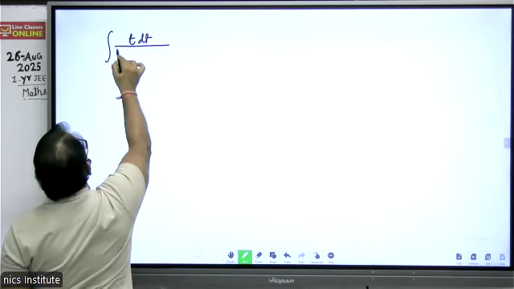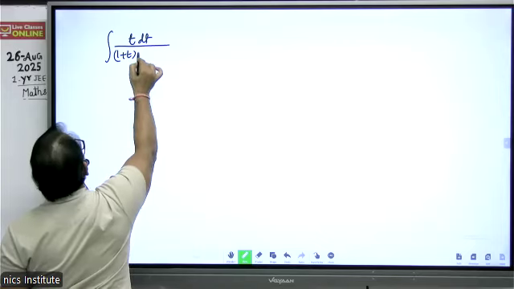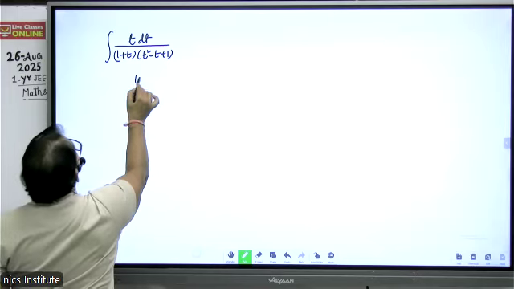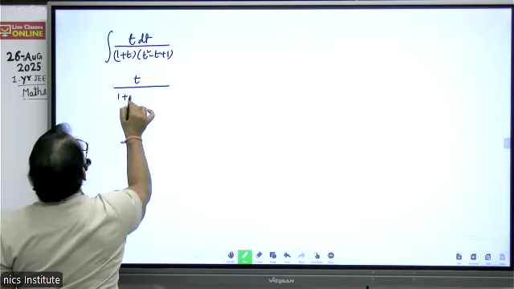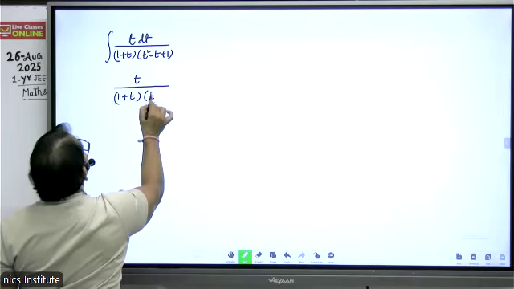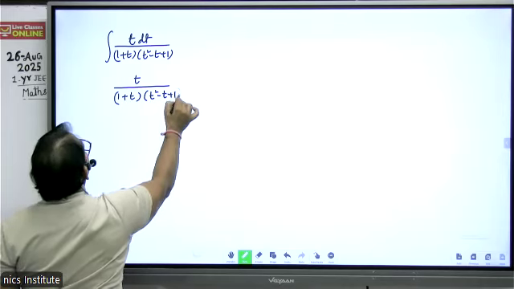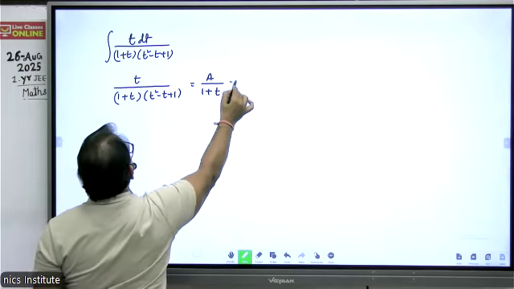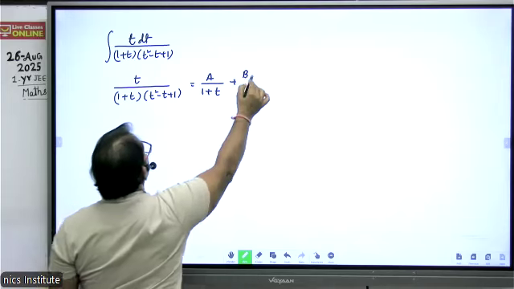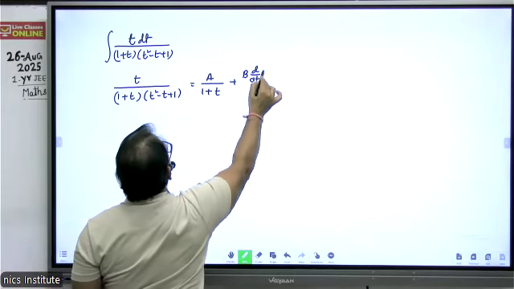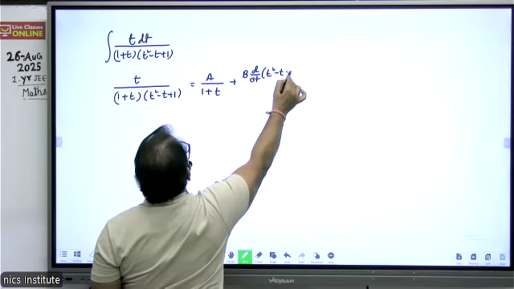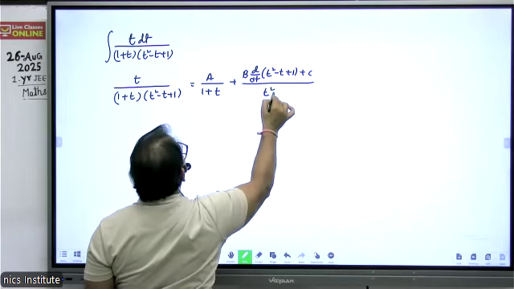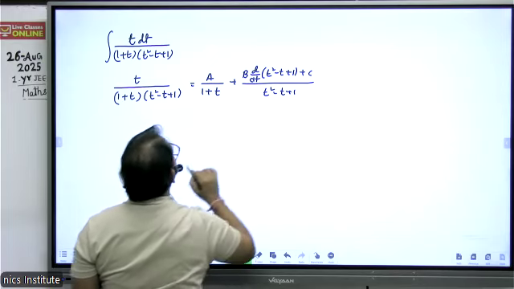T dt over 1 plus t, t square minus t plus 1. So t divided by 1 plus t, t square minus t plus 1, is a divided by linear factor plus b into differential of quadratic plus c, whole divided by quadratic.